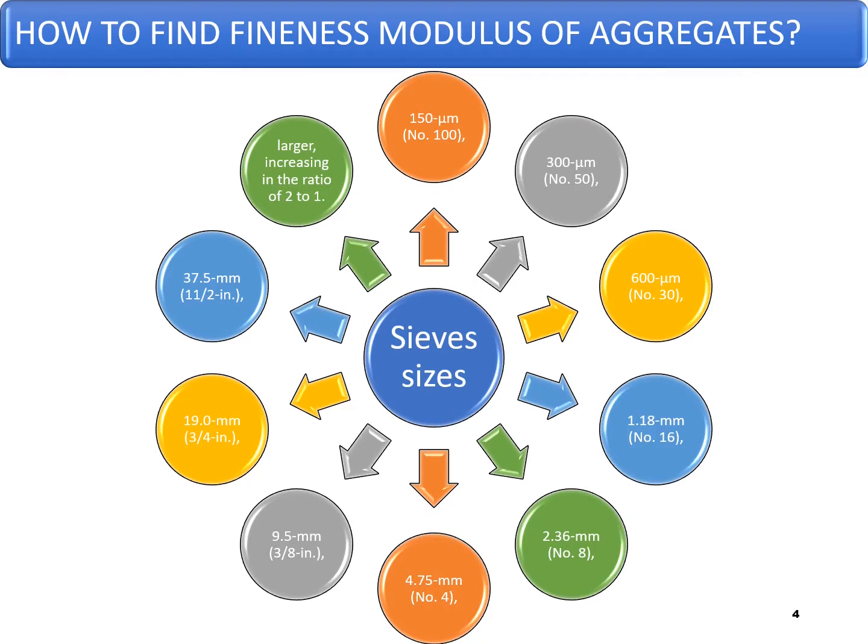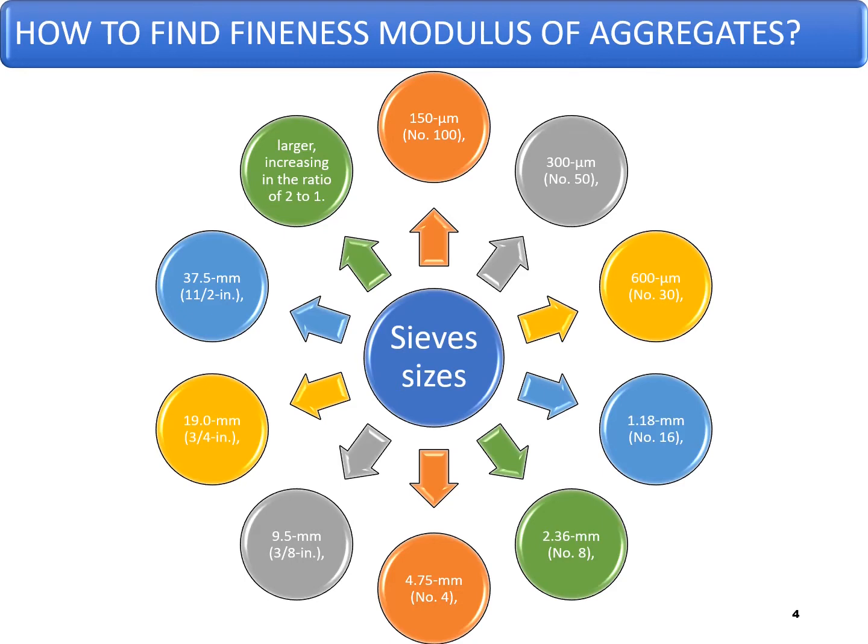So how do we find the fineness modulus of aggregates? In order to find it, a set of sieves is involved in determining the size or the grading requirements of the aggregates, starting from 150 micron, then 300 microns, 600 microns, 1.18 millimeters, 2.36 millimeters, then 4.75 millimeters, 9.5 millimeters, 19 millimeters, 37.5 millimeters, and the larger sieves in the increasing ratio of 2:1.